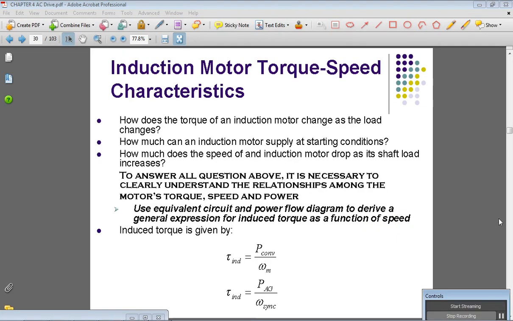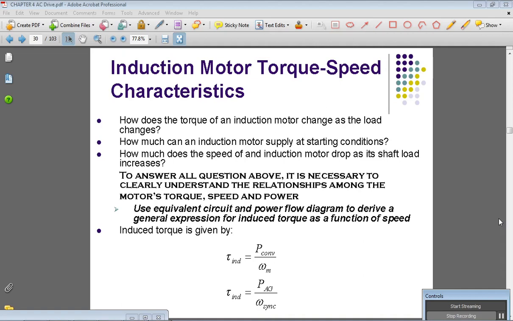Induction motor torque and speed characteristic. How does the torque of an induction motor change as the load changes? How much torque can an induction motor supply at starting condition? And how much does the speed of an induction motor drop as its shaft load increases?